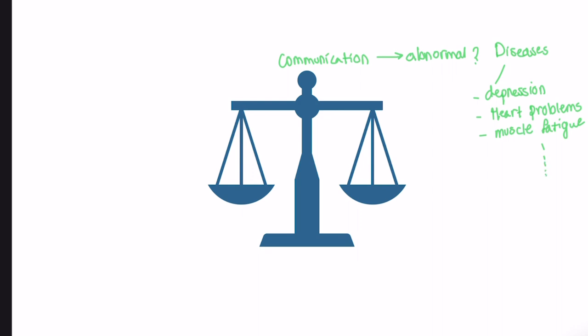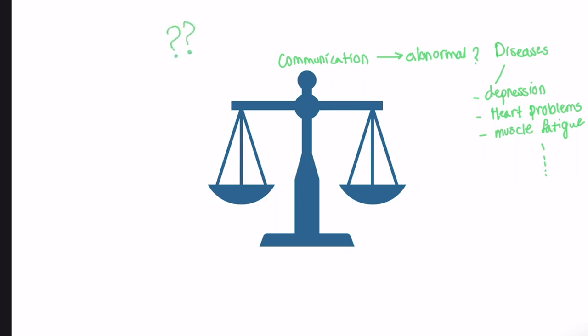It's clear that for the proper working of the body, the communication must be normal. But when it goes wrong, a huge variety of ailments can arise, such as depression, heart problems, muscle fatigue, and the list goes on. So what sort of things could go wrong in the system?